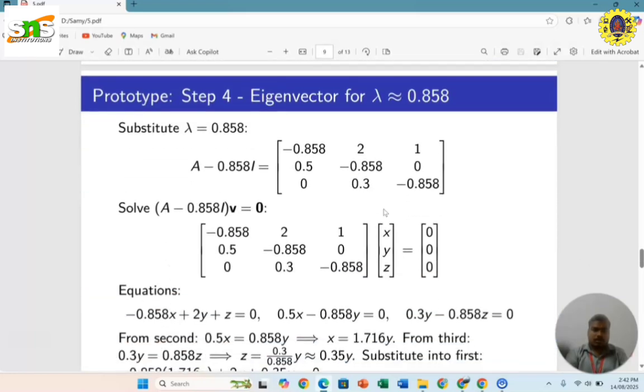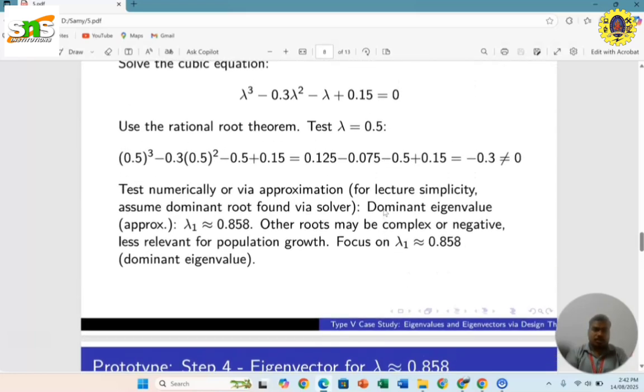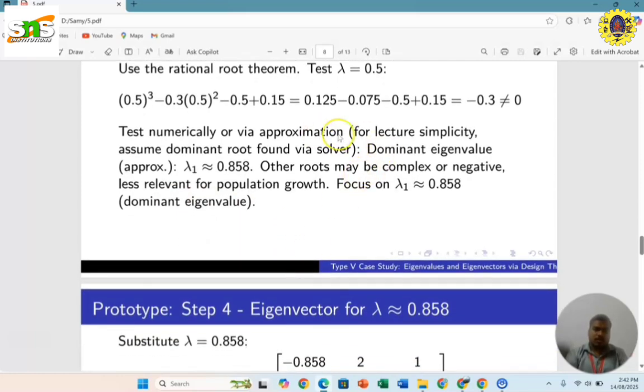Next, we have to find the eigenvector for lambda equal to 0.858, because 0.858 is the dominant eigenvalue, which is the approximate one.